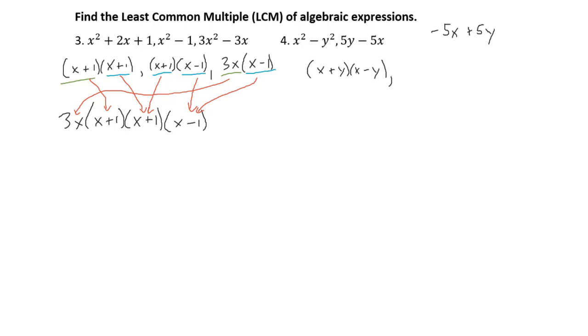And so the leading term is negative, so negative 5x. Negative 5 is going to be factored out, and we have an x minus y. And so now we have negative 5, x minus y, which is found in both of them, and x plus y, which is only found in the first one. All right, let's look at some more examples.